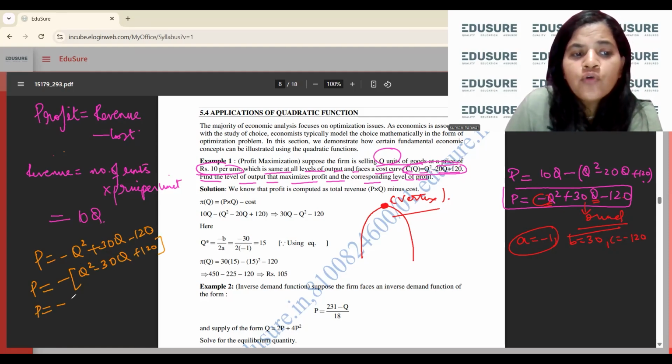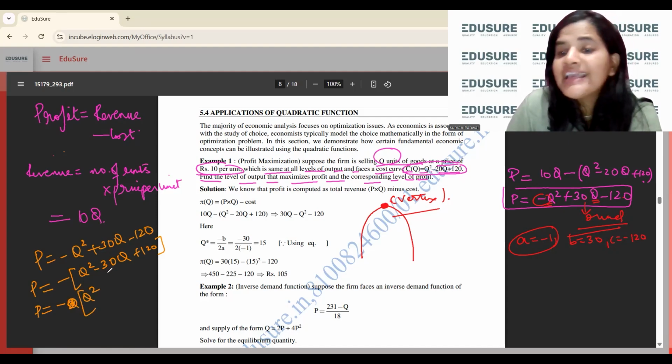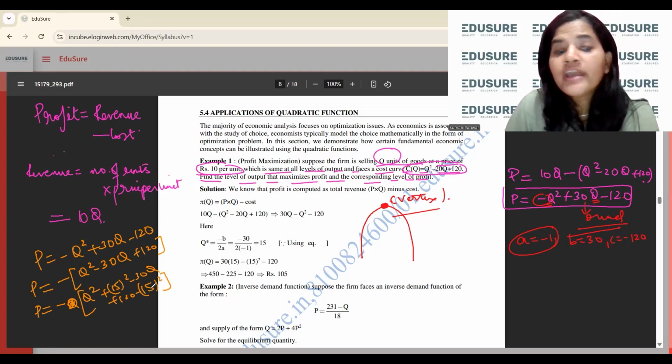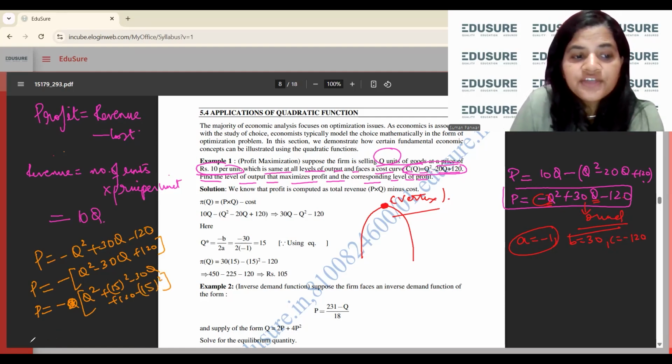Then look at the coefficient of q, which is minus 30, take its half, square it. So 15 square. Subtract the square also so that we don't change the expression which we have.